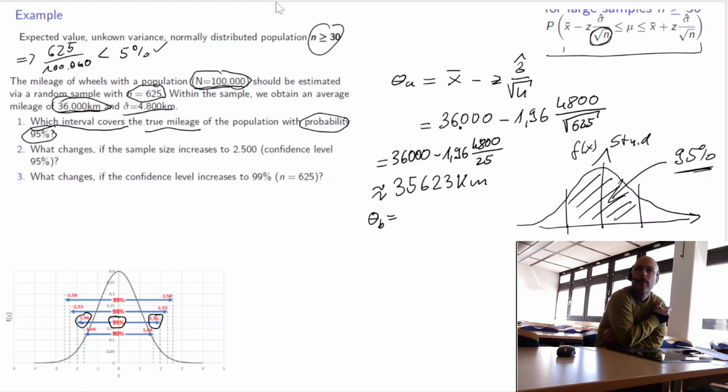what do we have to calculate? Because now we have only the lower limit.